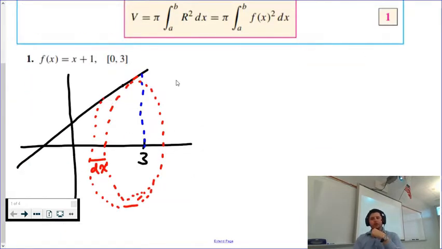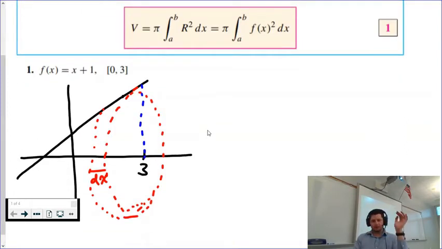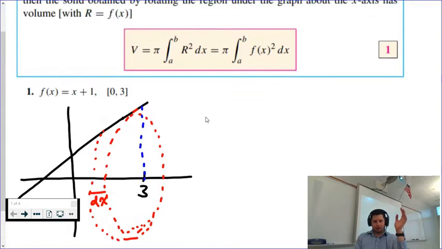If you imagine taking that line and rotating it around the x-axis, you're going to get a solid, which basically looks like a cone. I guess the technical word would be a frustum, because it's like a cone with its head cut off. But let's think about how you would find the volume of this thing.